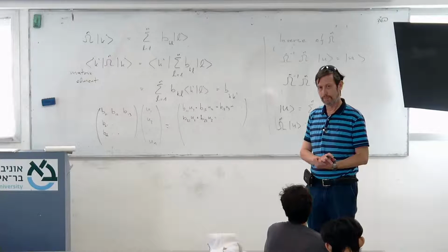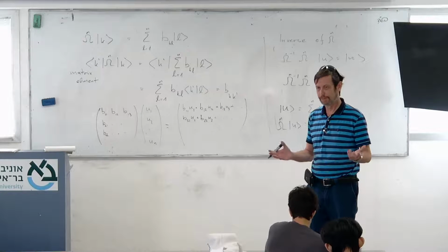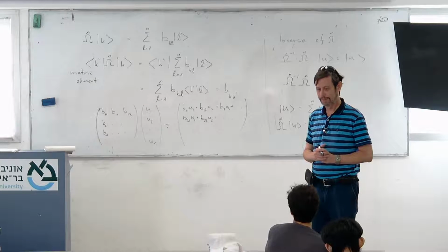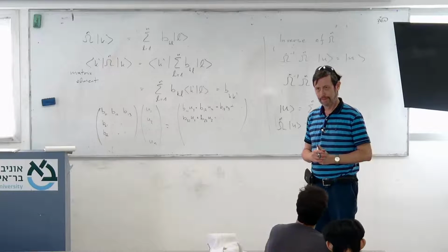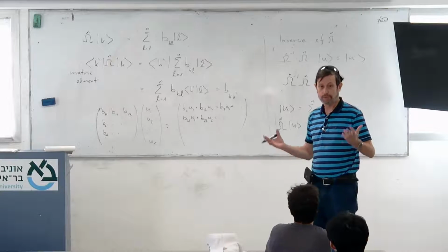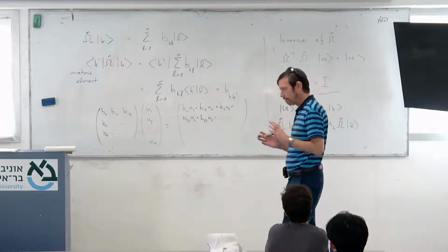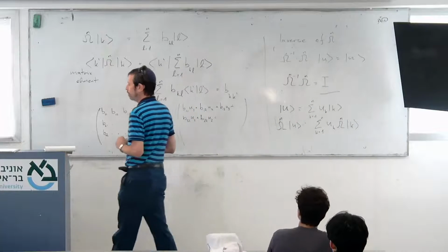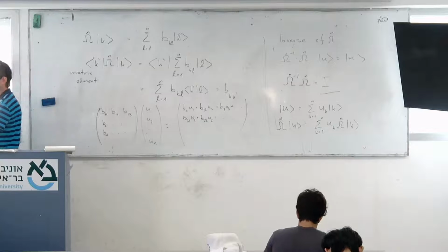Okay, you see the taste. If you have a matrix, can we turn it first? A matrix is an operator, but it has to go through some kind of conditions.